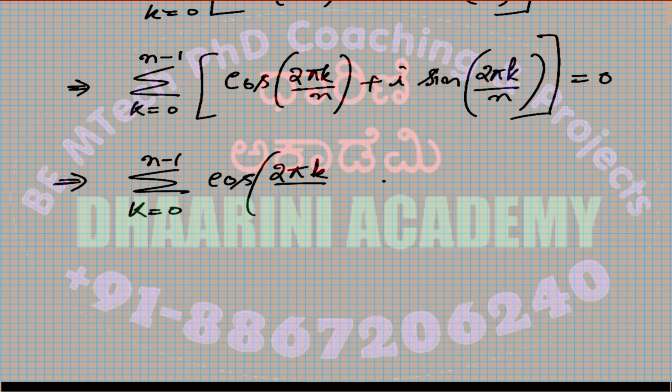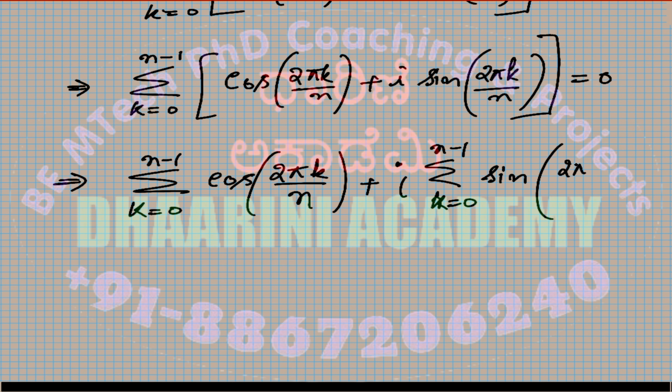Okay, plus then we have another summation coming up. I, the imaginary part, will write it outside. So plus I into summation, once again k varying from 0 to n minus 1, sine of 2 pi k by n, right?